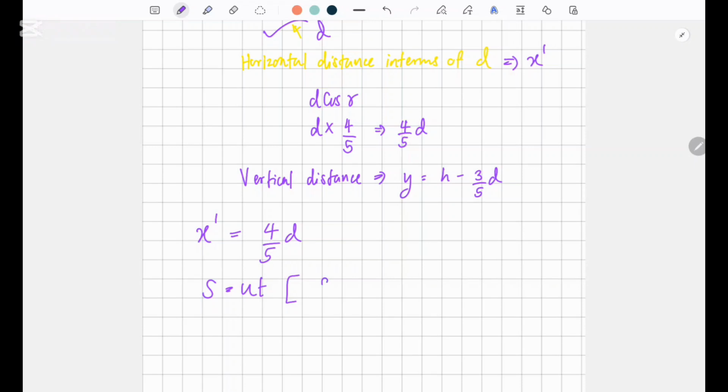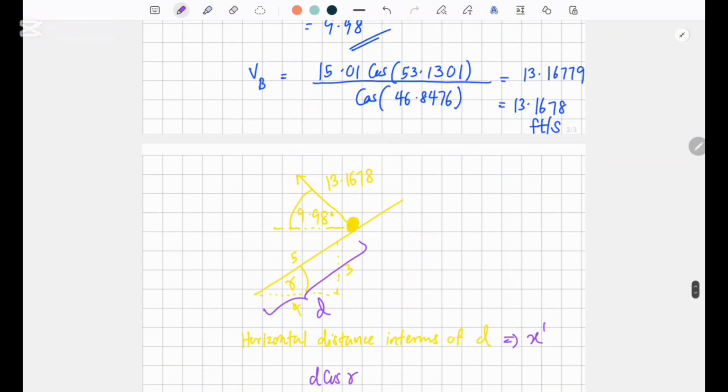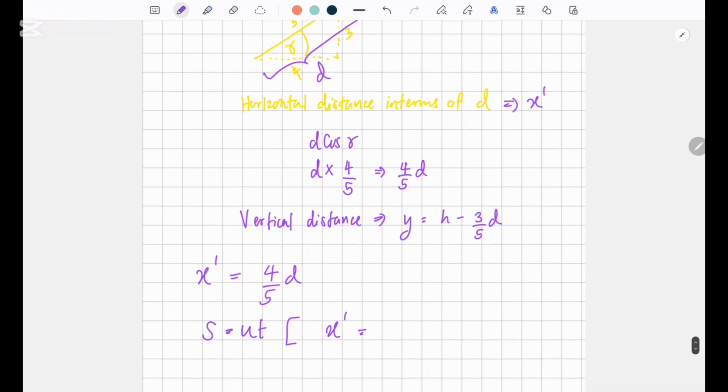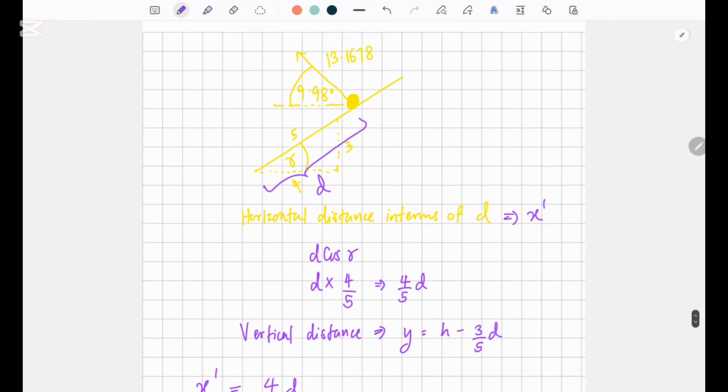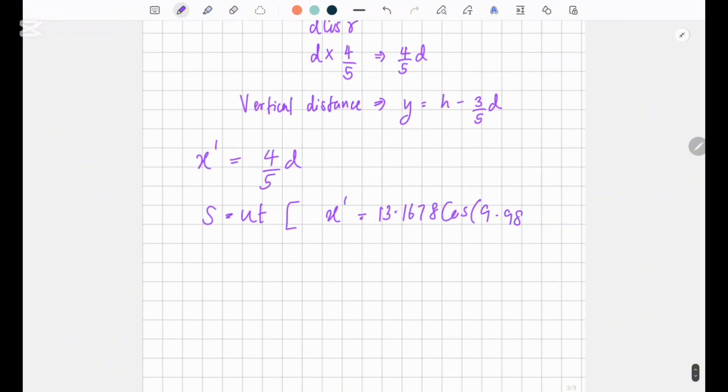So s is X dash, so X dash equals the speed 13.1678 cos 9.98 t, right? So 4/5 D equals 12.9685 t. So t equals 0.0616877 D.